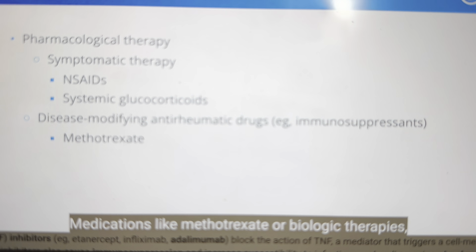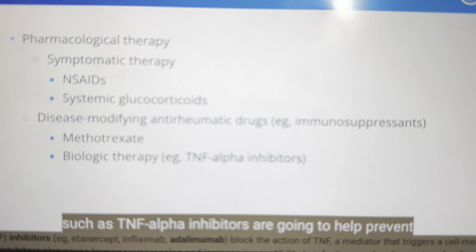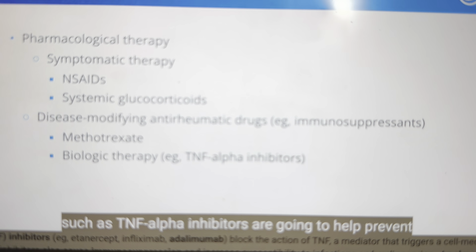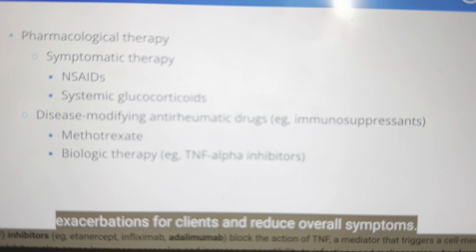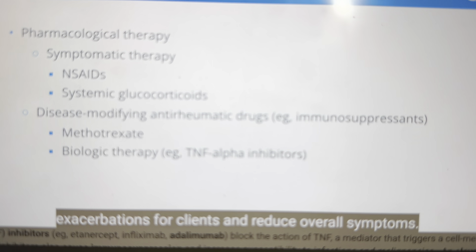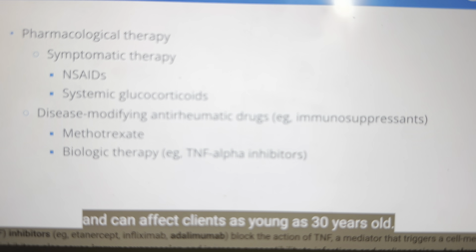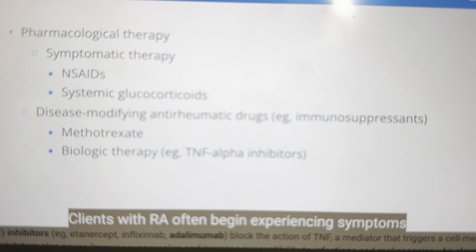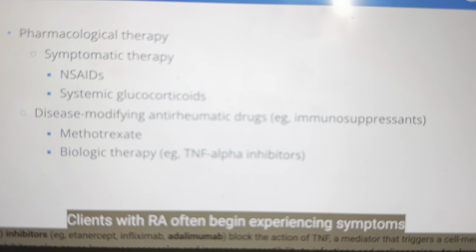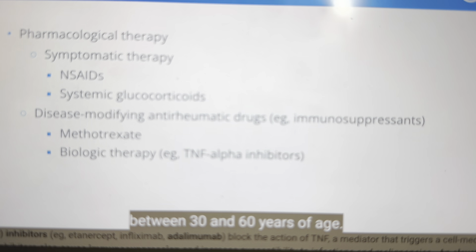Medications like methotrexate or biologic therapies such as TNF-alpha inhibitors are going to help prevent exacerbations for clients and reduce overall symptoms. RA often has a very early onset and can affect clients as young as 30 years old. Clients with RA often begin experiencing symptoms between 30 and 60 years of age.